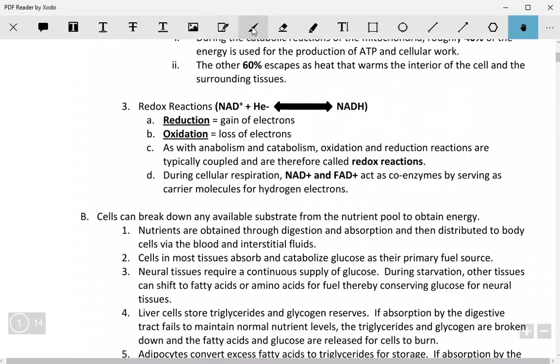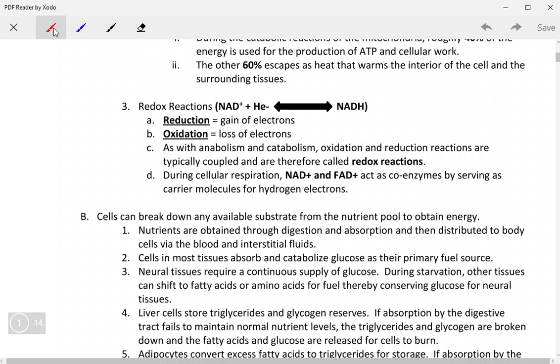Now, what about the opposite? When they have lost the electrons that they're usually carrying? Well, notice this arrow here is a double-headed arrow, so it tells me that this reaction is reversible. So if we are going in this direction, what's taking place here? The NADH in its reduced form is going to be oxidized. And when something gets oxidized, it will lose its electrons.